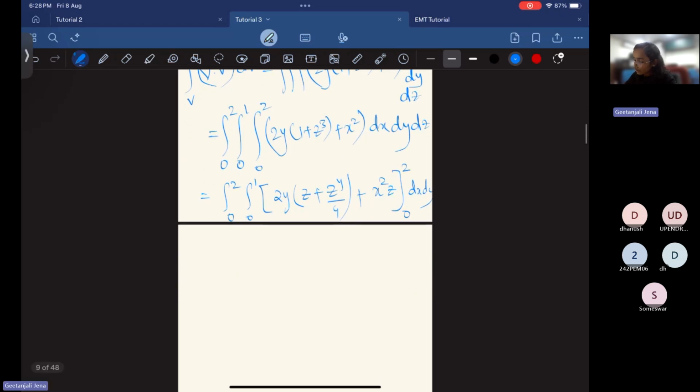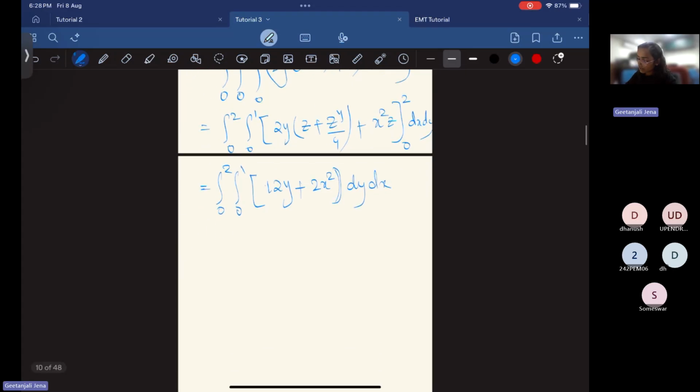So if you put the value of z, you will get 12y and this will give 2x square, dy dx.